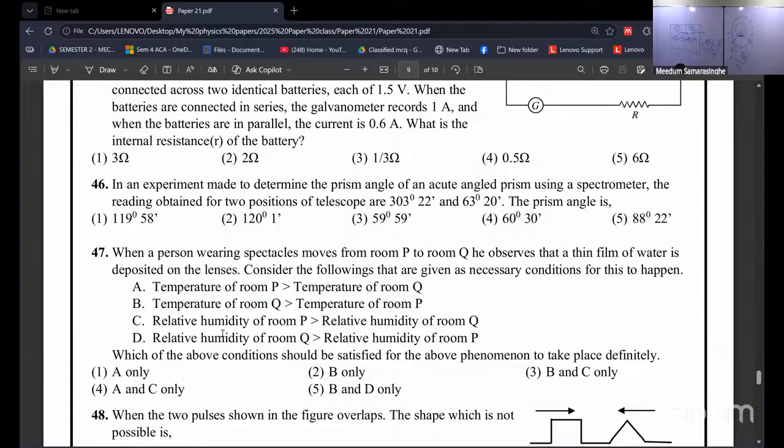That is the necessary condition. There is no effect from the relative humidity, but we can say if the relative humidity of room Q is higher than the relative humidity of room P, there is a higher chance of forming a thin film of water, but it is not a necessary condition.